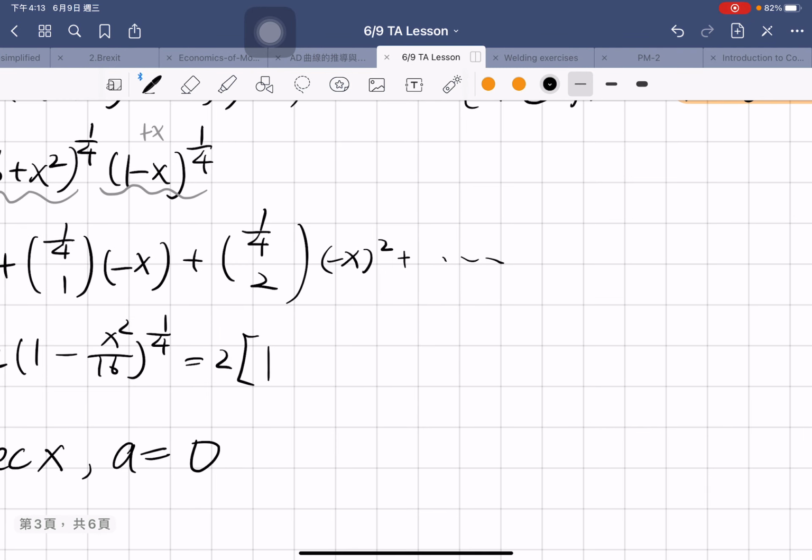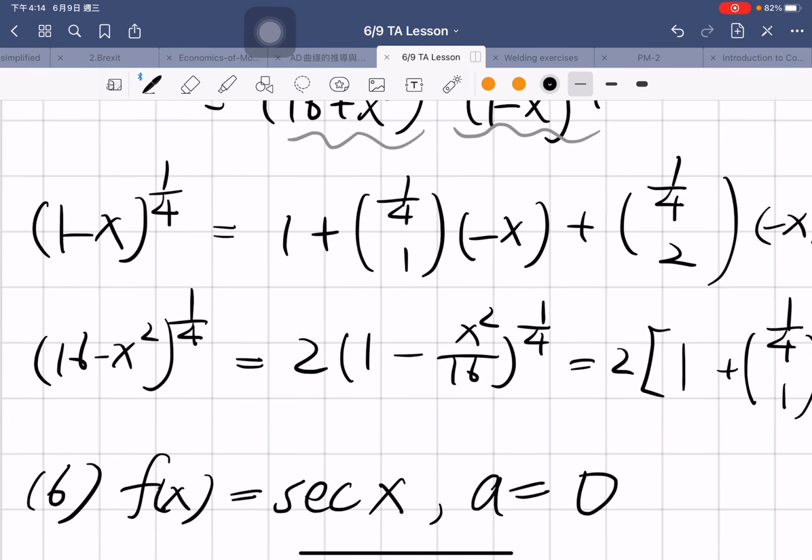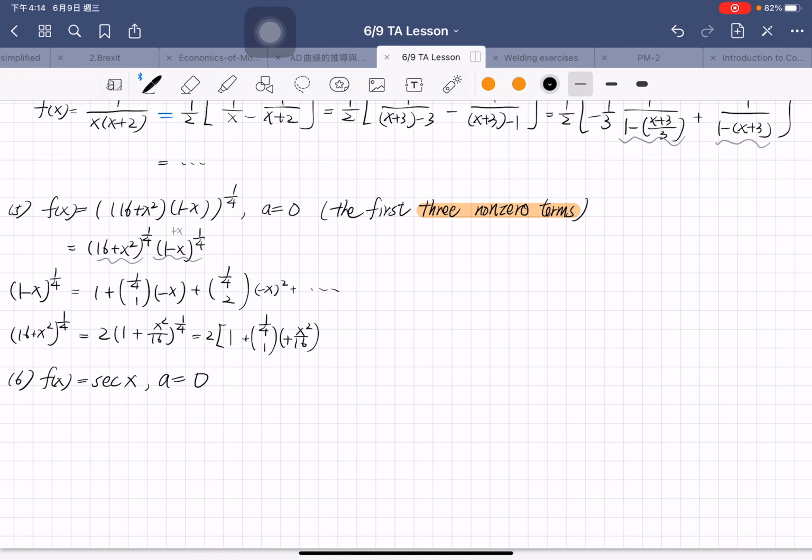That's x, 1 over 4 choose 1 with this one. Okay, looks like this. So got this.